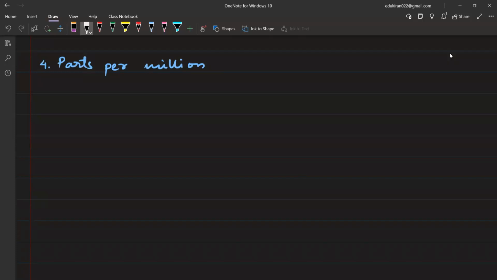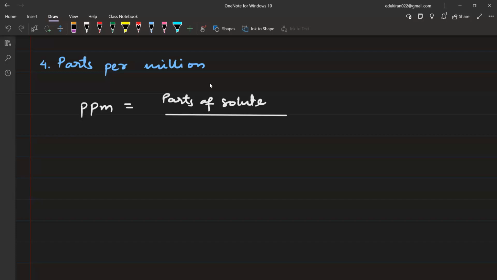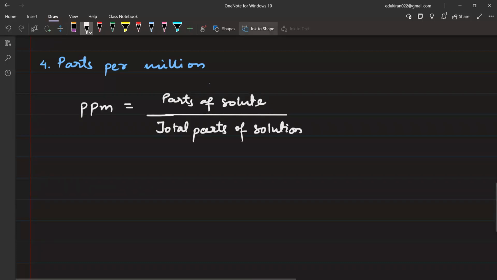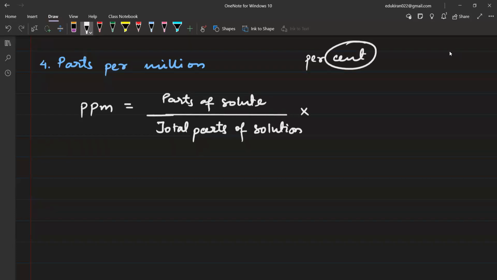Parts per million, ppm, will be equal to parts of solute divided by total parts of solution. When you are determining the percentage, you multiply by 100 percent. If you are having percent, you multiply by what? 100. But if you are having per million, you will multiply by 10 to the power 6, that is million.